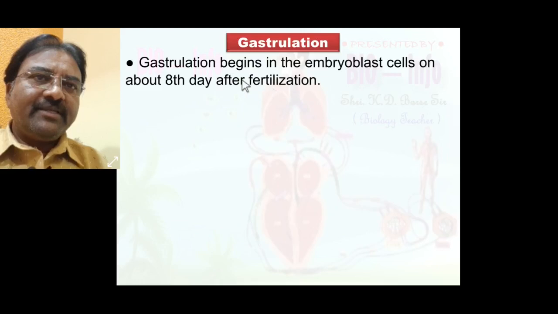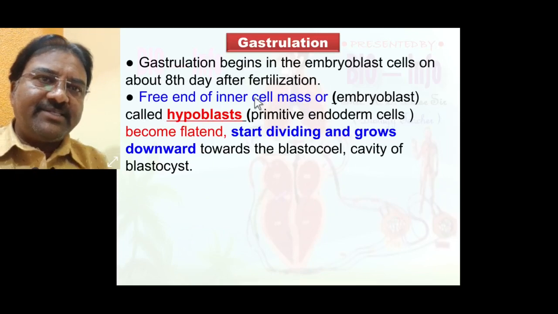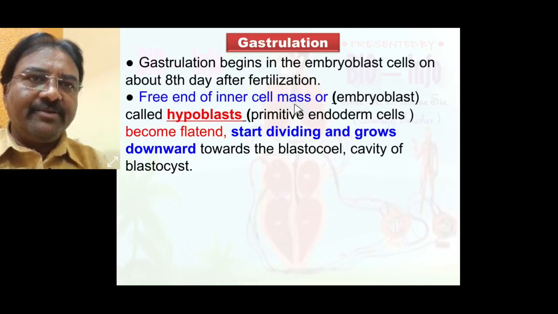The free end of the inner cell mass, or embryoblast, present in the blastocyst, is called the hypoblast. These are primitive endoderm cells, because the endoderm develops from the hypoblast. The hypoblast cells become flattened, start dividing and grow downward toward the blastocoel cavity of the blastocyst.